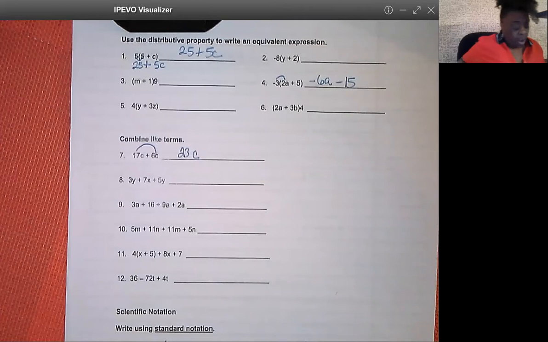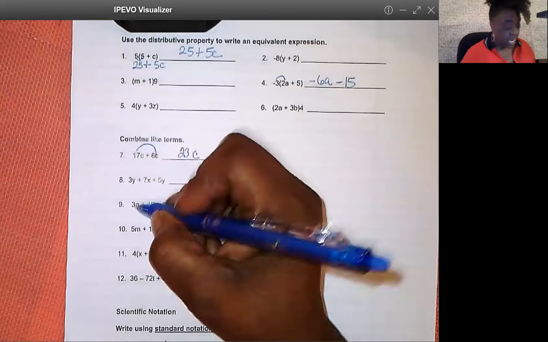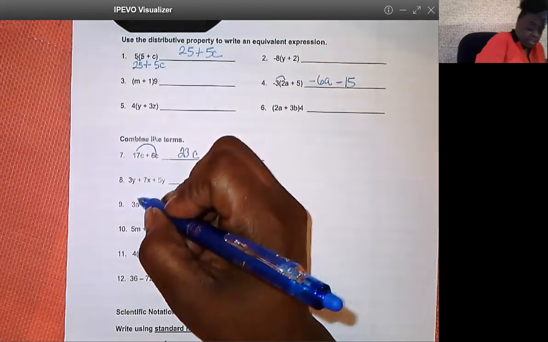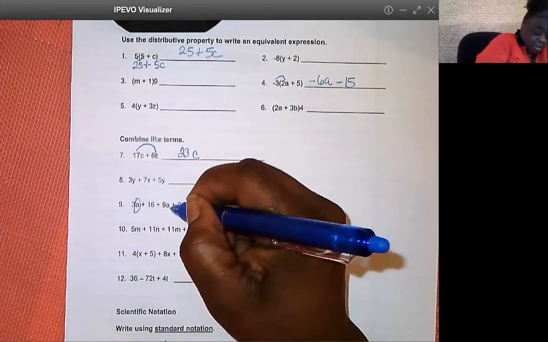Next, we are looking at number 10. You have 2 different variables that we're dealing with. Sometimes what I do to make sure that I capture all my like terms is I go through and label them. So for instance, we have 3a, so I'm going to put a circle around my a's.